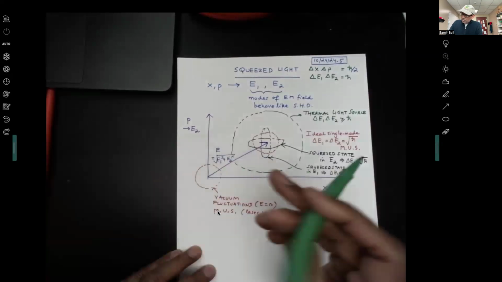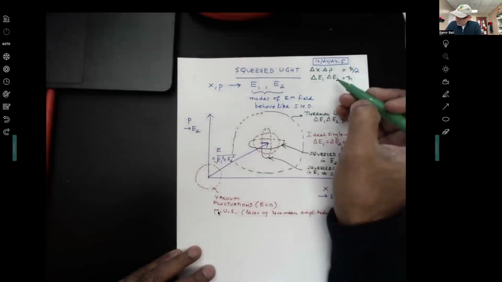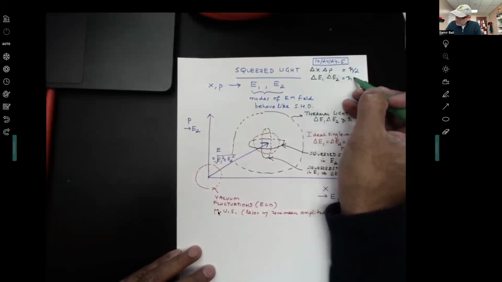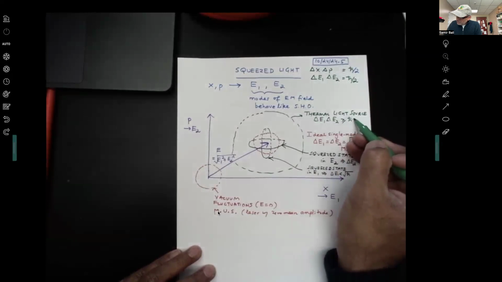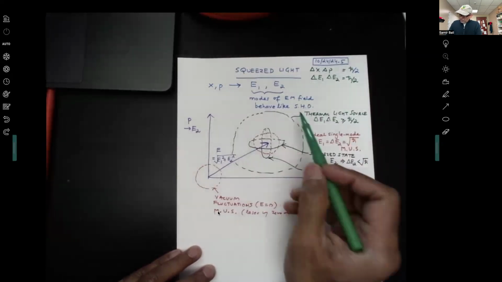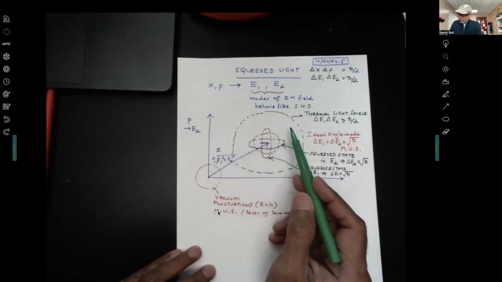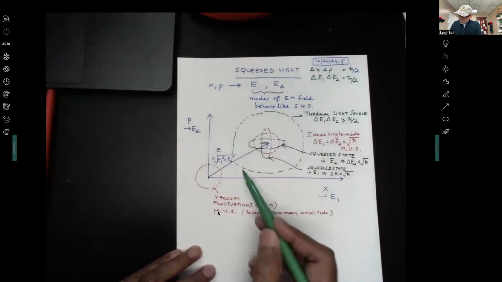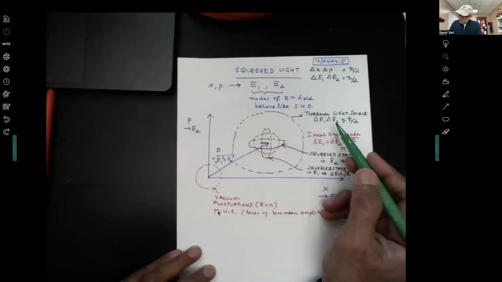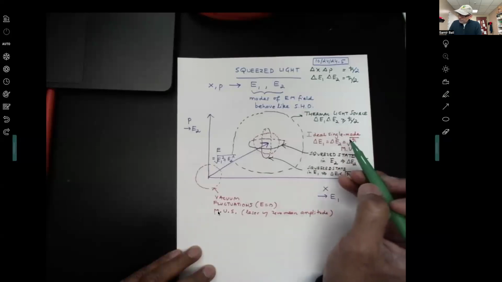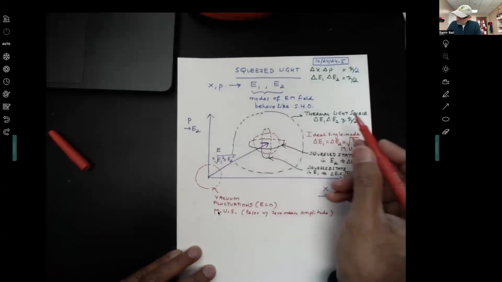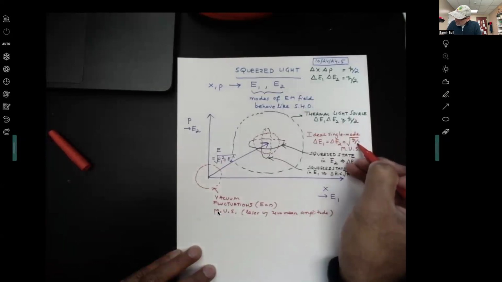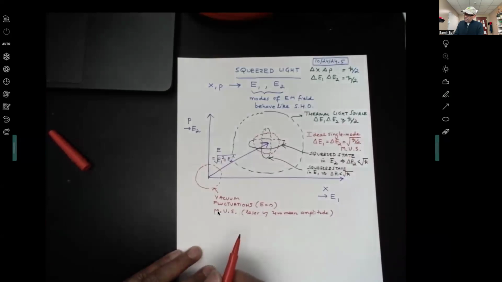We talked about modes of an electromagnetic field mimicking the X and P, right? For a thermal light source, that's what the fluctuations look like. They might not be as symmetric, not like a circle, but in general you expect the two to be equal. A minimum uncertainty state is where you have each of those fluctuations equal to square root h bar over 2.